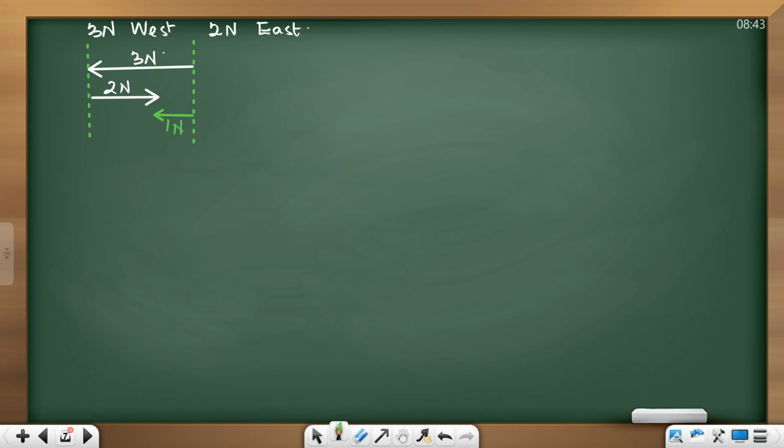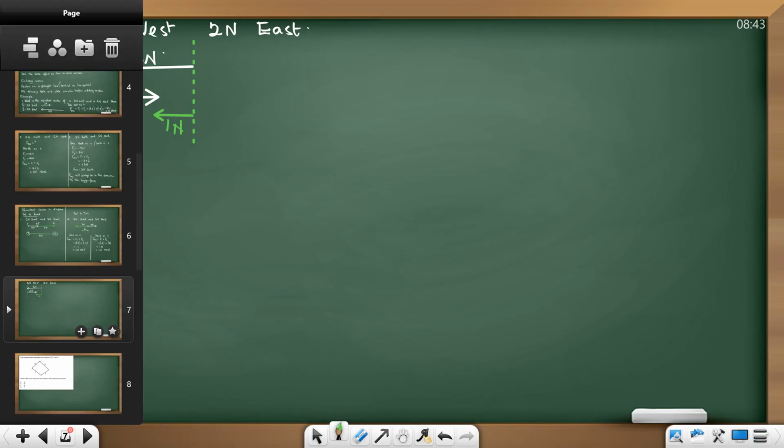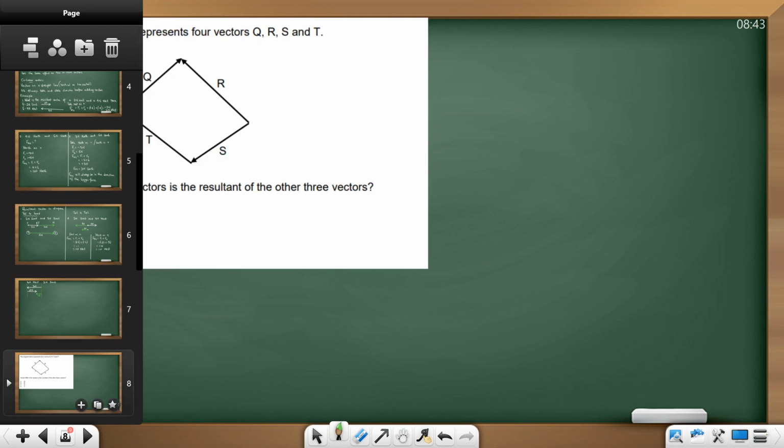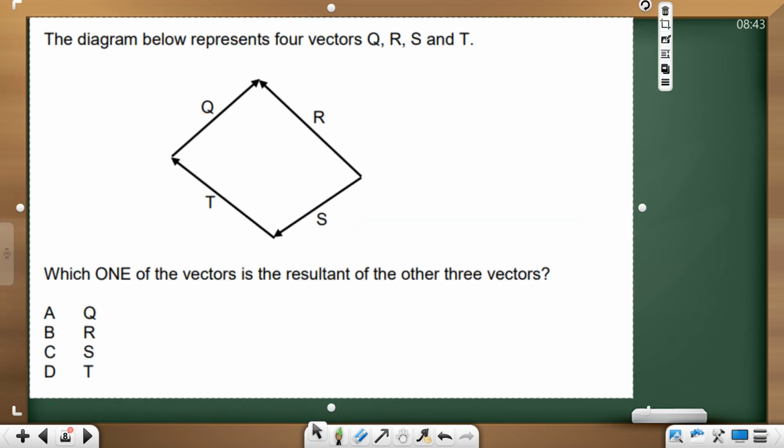Let's see something. Let's play around with the question. What do you think is the answer to this question? I have moved from, this is no longer linear now, right? But I want to see what your take would be.